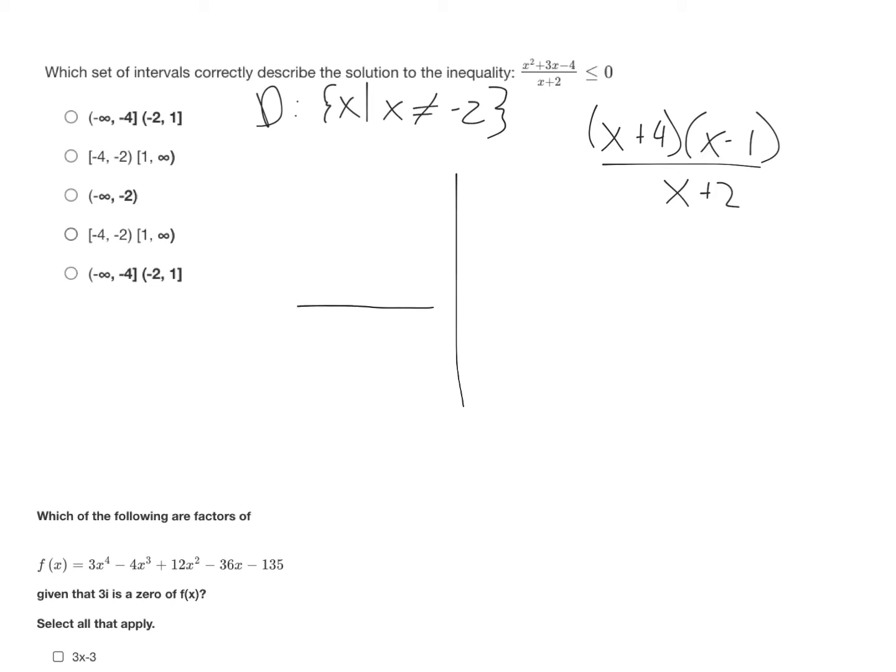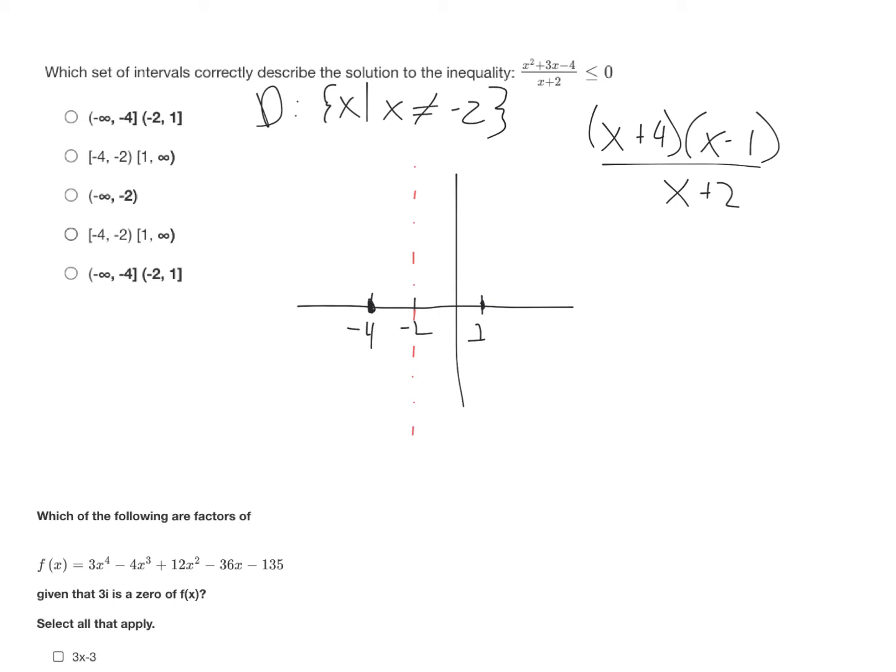Let's start putting this stuff on the graph. So I've got -4, x-intercept, +1, x-intercept, and -2, we have a vertical asymptote. Now, because I'm going to think about this in terms of graphing, I also want to know what my y-intercept is.